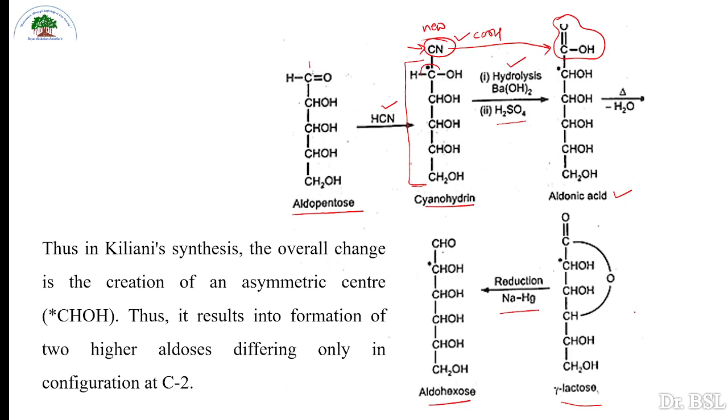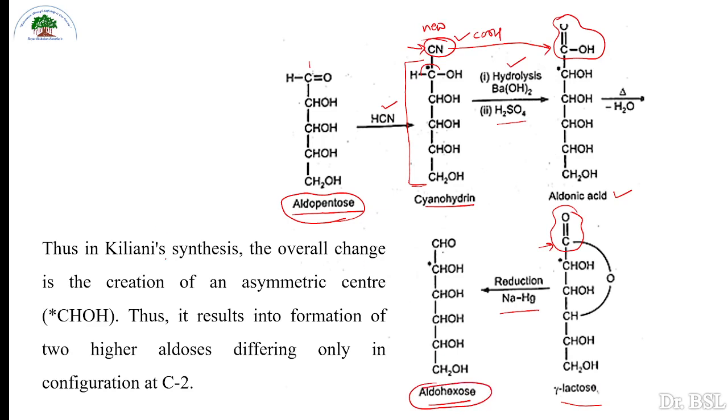What happened here? Reduction of gamma lactone takes place and the carbonyl of the lactone converts into an aldehydic carbonyl, and this is the extra or additional carbon in the product. So we started from aldopentose and ended up with aldohexose.